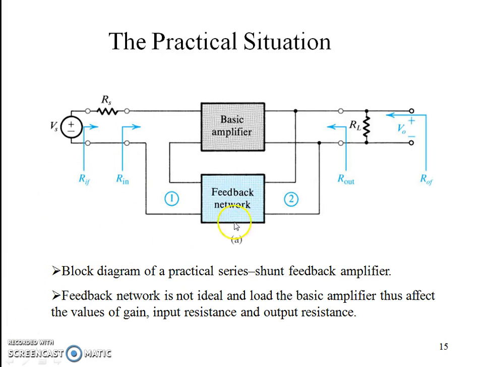This is the practical situation, it is not an ideal one. So in the practical situation, these three will be affected: the gain, the input resistance, and the output resistance. This is all about feedback.